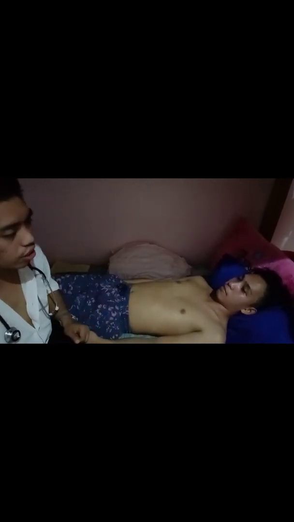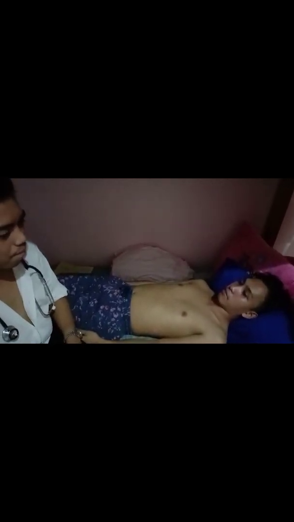Do you feel any pain? Okay. You can see his body has no sign of lesions and abnormalities, and his quadrants are normal.